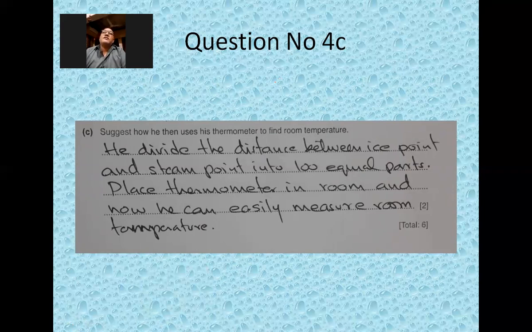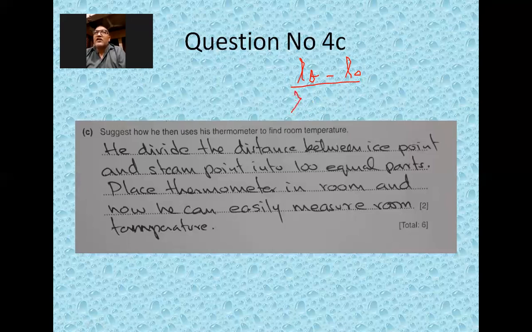The formula is this: let the room temperature be theta. So the formula will be L theta minus L naught. L naught means the length of the mercury when the temperature is 0, I mean the ice point.